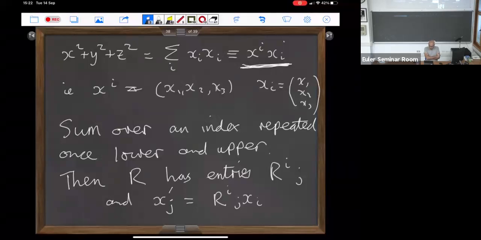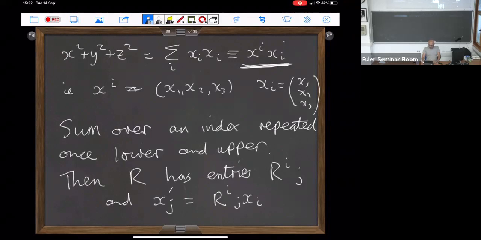If you take the dot product of those two vectors, you get the quantity which is the sum of squares. So that's the important notation that we need to get used to.